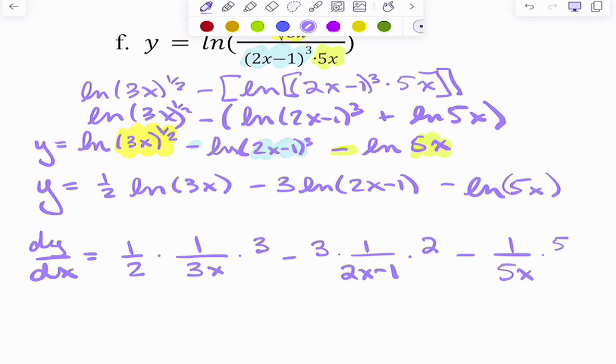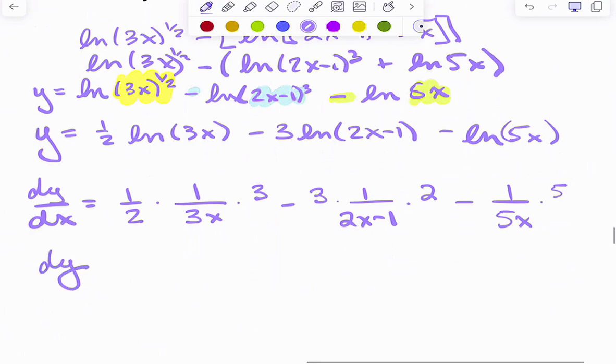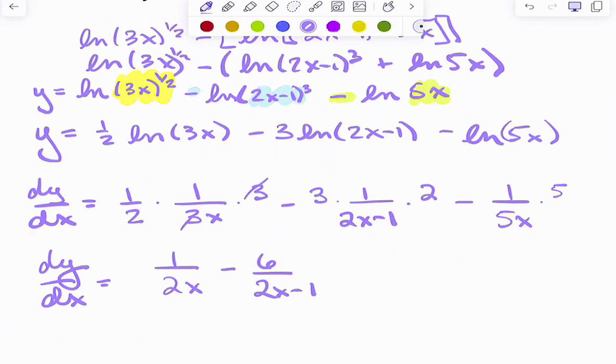Let's simplify these a little bit. So I have 3 over 3 cancels, 1 over 2x, minus 6 over 2x minus 1, minus 1 over x. And again, we can leave it like that.